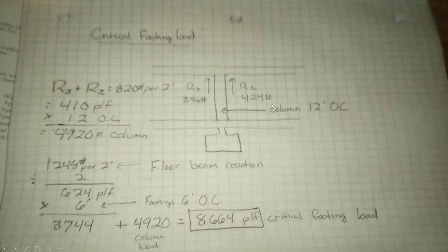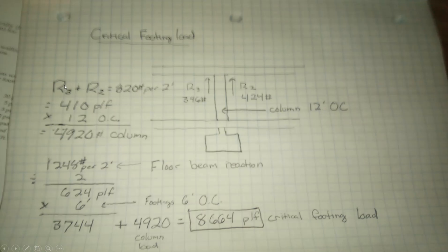So what they call the critical load is this middle footing, what that's supporting. So if you remember, we have R2 and R3 at 424 and 396. And you have columns that are 12 feet on center.